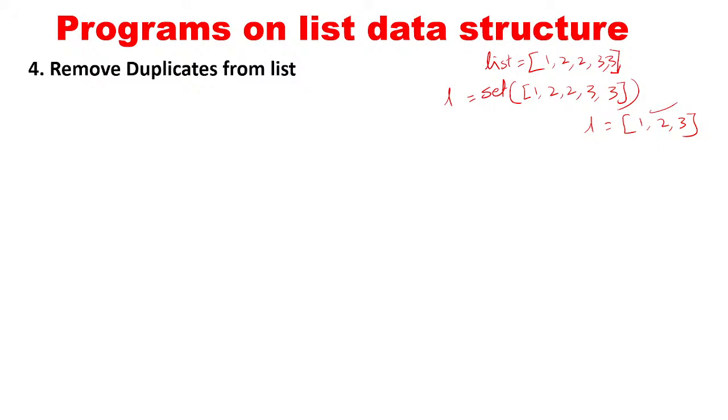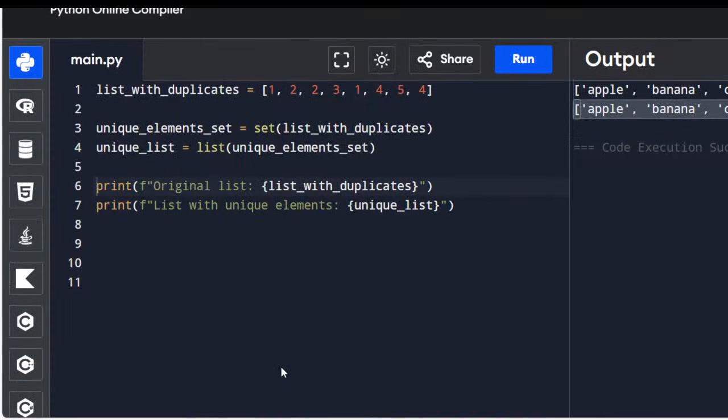Now we can execute this. This is our list. I created one list with duplicates, 1, 2, 2, 2, 3, 1, 4, 5, 4, like this.